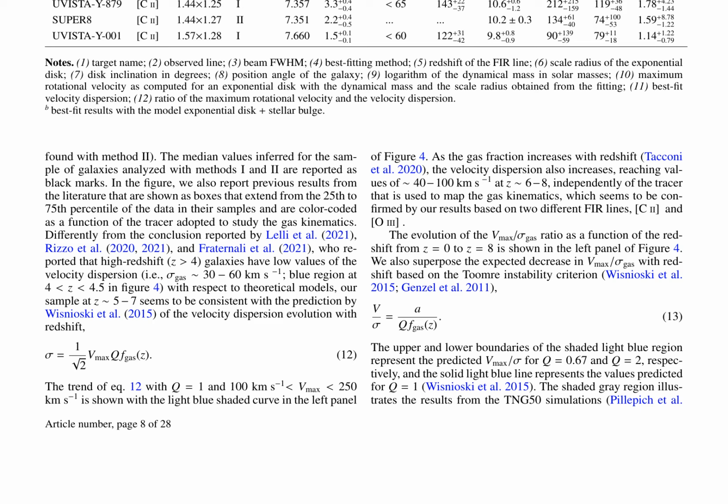Figure 4 presents the evolution of gas velocity dispersion as a function of redshift from z=0 to z=8, consistent with the prediction by Wisnioski et al. 2015. The study's results suggest that high-redshift galaxies have higher velocity dispersions than previously thought, consistent with theoretical models, and provide new insights into the kinematics of high-redshift galaxies.